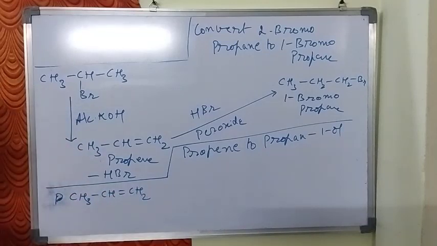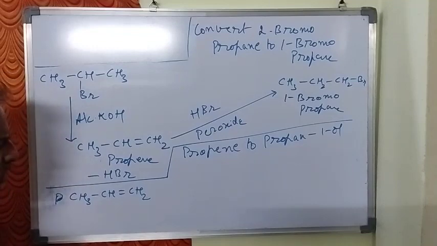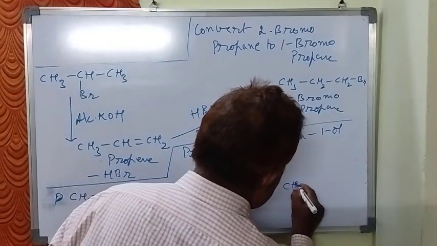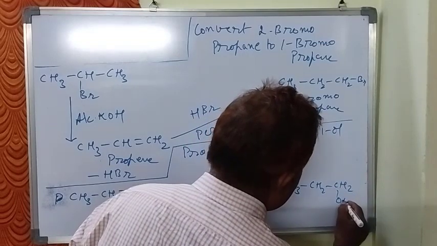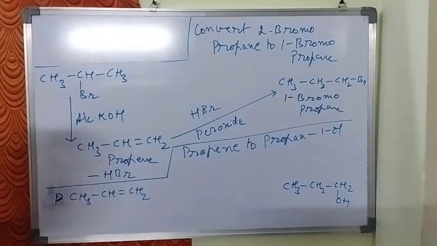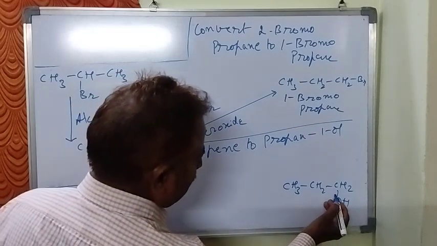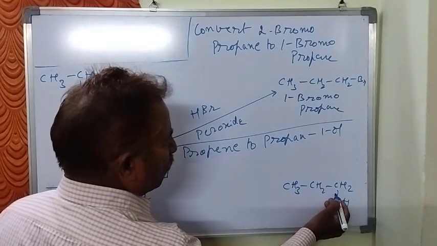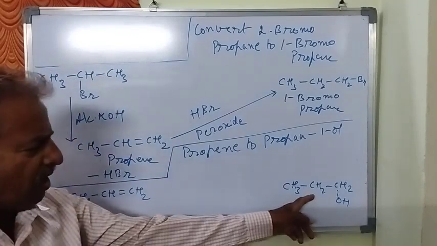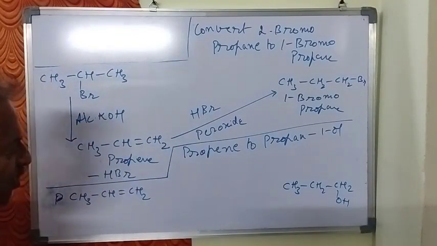What happens here? OH should be added. The product is CH3, CH2, CH2OH. That is, the hydroxy group should be added on the doubly bonded carbon atom with more hydrogens, and hydrogen added on the carbon with fewer hydrogen atoms.